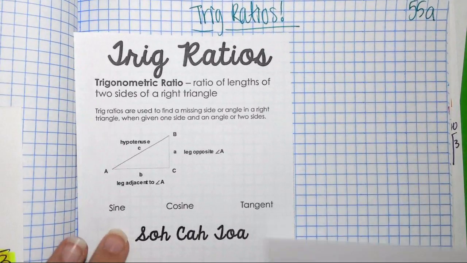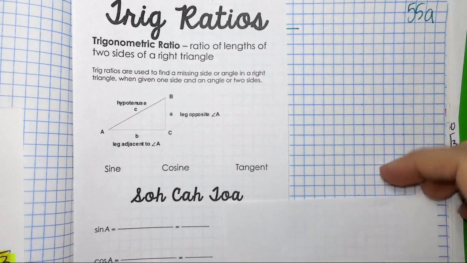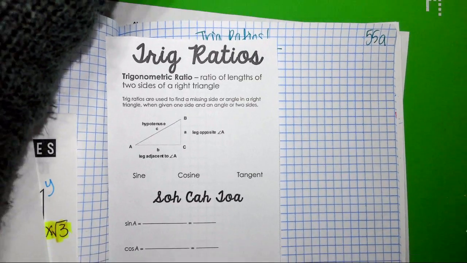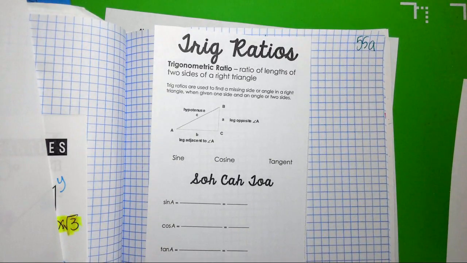Alright, so on 55A, we're going to glue these 2 things down. And you can trim up this triangle. You can also trim up this paper. So you need to cut the one that says trig ratios in half.